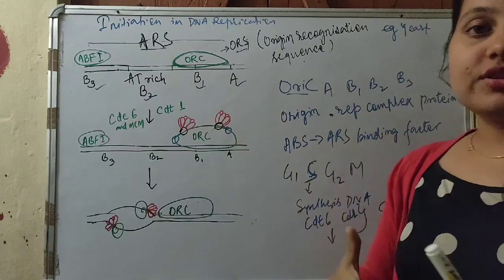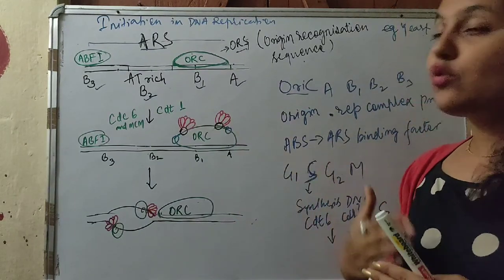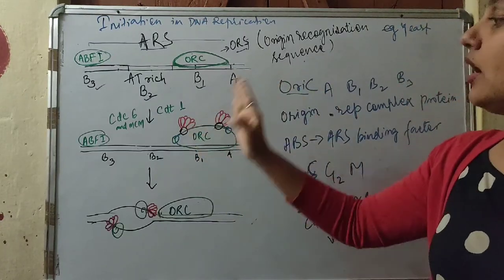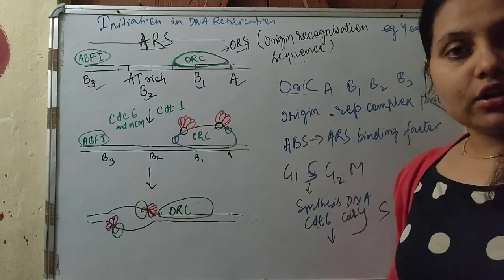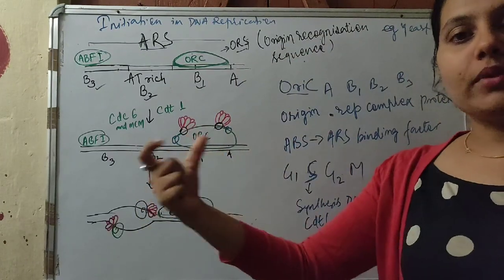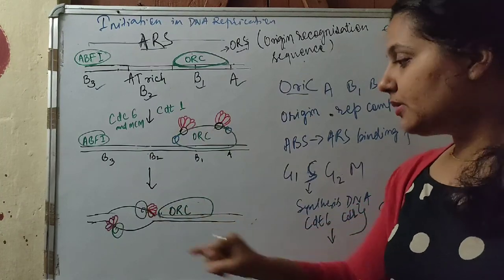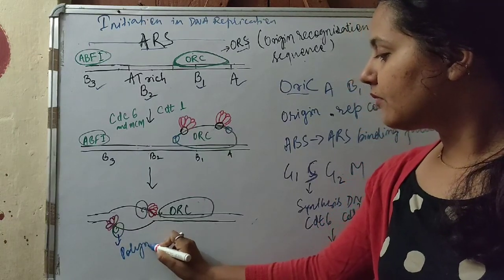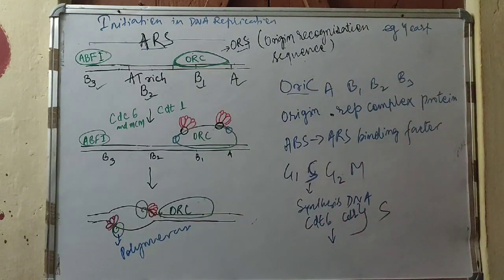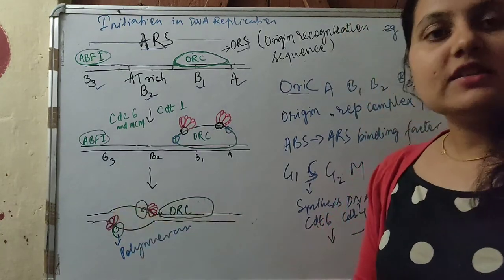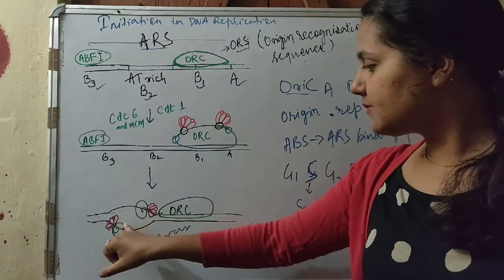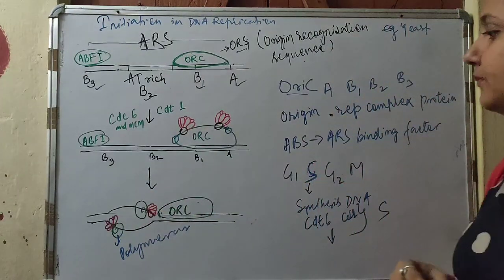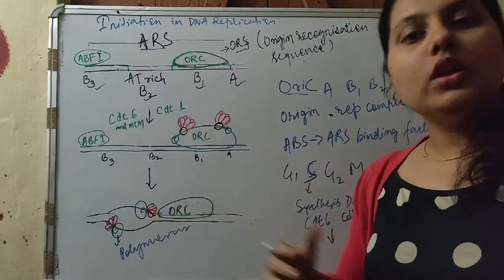And since the AT rich region is easy to break, as there are only 2 hydrogen bonds, the AT rich region will break, and the MCM protein will shift towards the replication forks formed on both sides of the replication bubble, and it will recruit the polymerase enzyme as well as the primase enzyme, forming a replisome, and then the process of replication will begin.